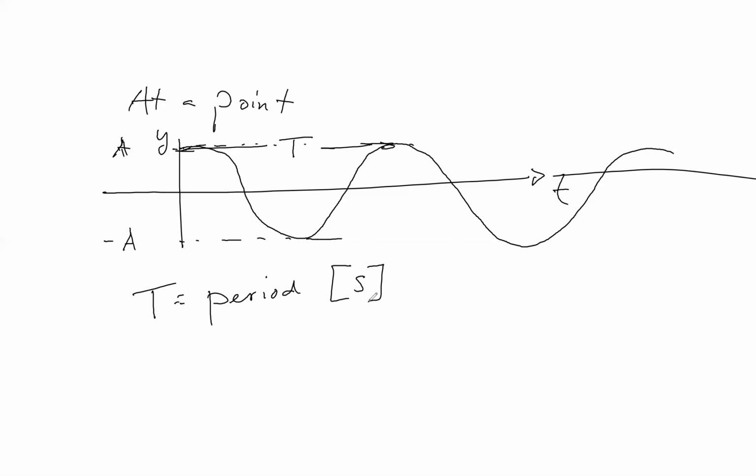Now, if I'm at a point, I also might be concerned with the frequency. The frequency would just be the number of waves that pass that point per unit time. I'm going to use little f as my symbol. The frequency is going to have units of inverse seconds, or hertz.